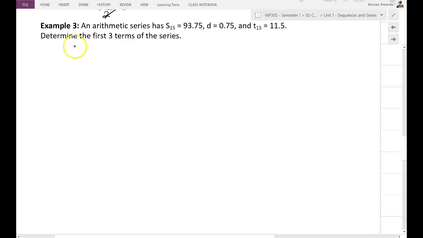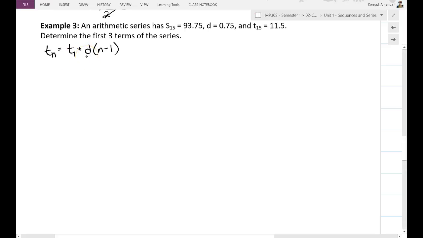So yesterday we learned that Tn equals T1 plus d times n minus 1. Well, we have enough information that using the values in our given question and this equation, we can determine term 1. Once we do that, we should be good to go, actually.